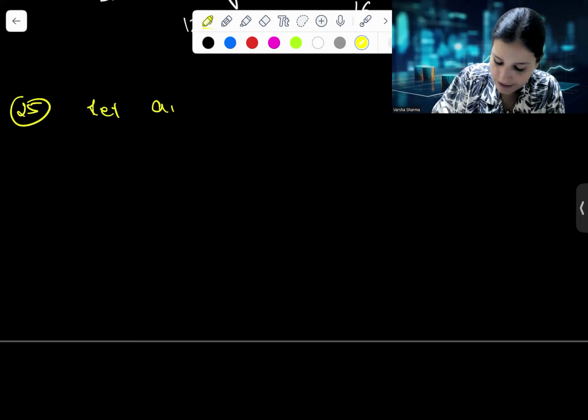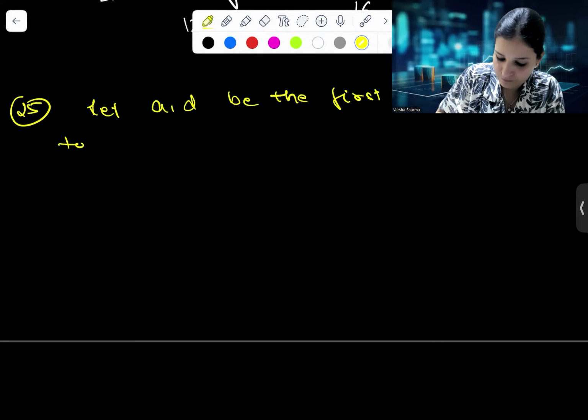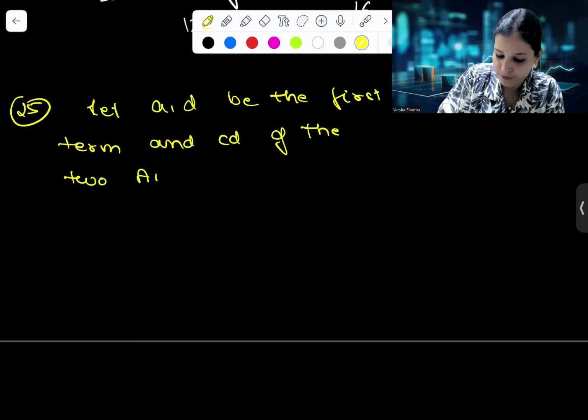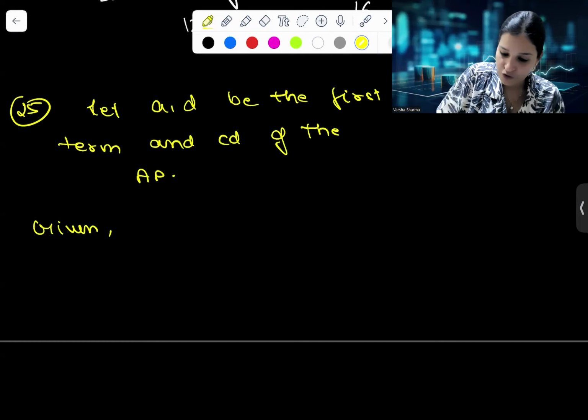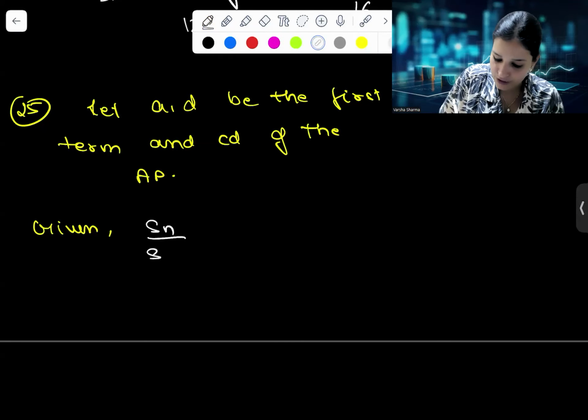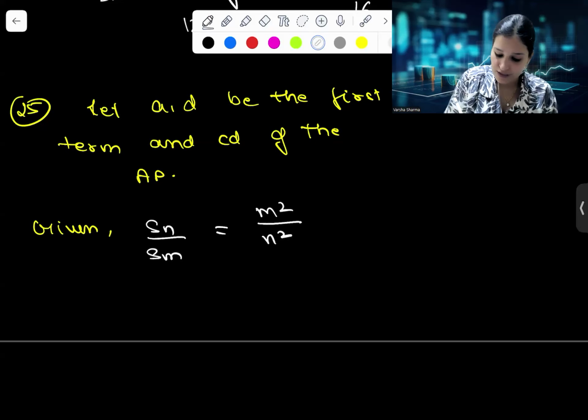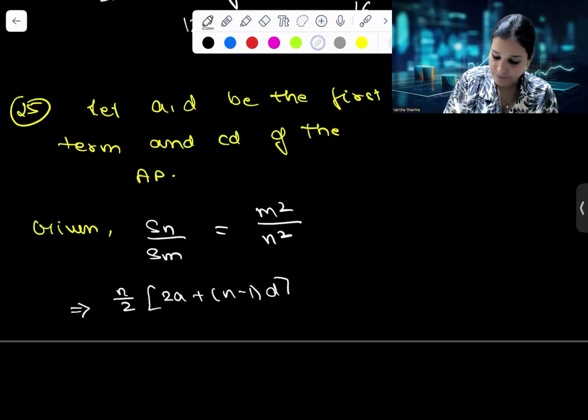Let small a and d be the first term and common difference of the AP. So given, ratio of sum of n terms upon m terms is m square by n square. First the formula, Sn is n by 2, twice a plus n minus 1 d.